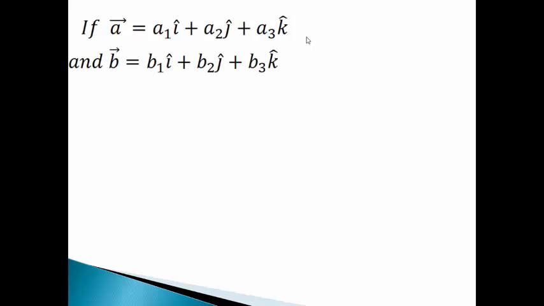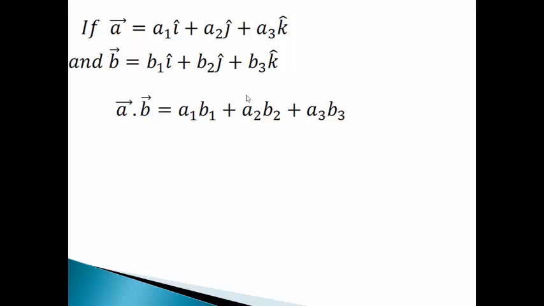The last property, if any vector A is given by A1 i cap plus A2 j cap plus A3 k cap, and any vector B is given by B1 i cap plus B2 j cap plus B3 k cap, then A bar dot B bar will be represented as A1 B1 plus A2 B2 plus A3 B3.